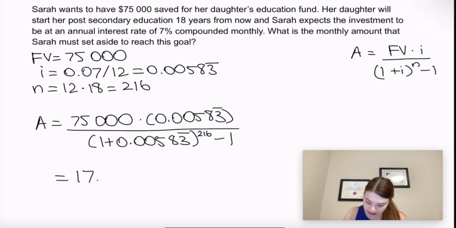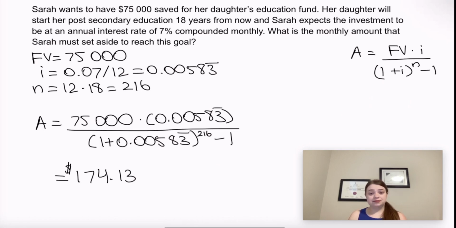So if she does $174.13 per month, starting now, for 216 times, she will end up with this $75,000 goal for her daughter's education fund at this 7% return.